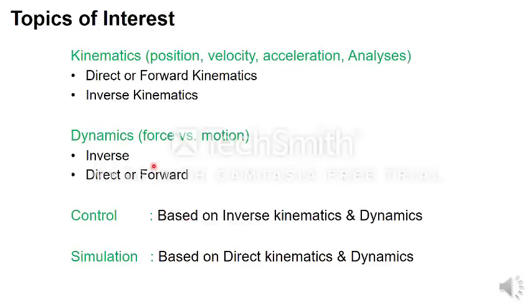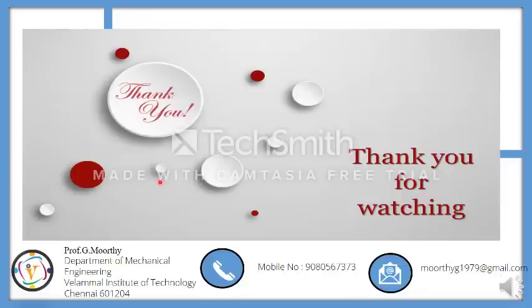With this, I conclude my session. Thank you one and all. Thank you for watching. Any queries, you just text. Tomorrow we will discuss and start with forward and reverse kinematics, that is the homogeneous matrix, and one important thing called DH parameters.